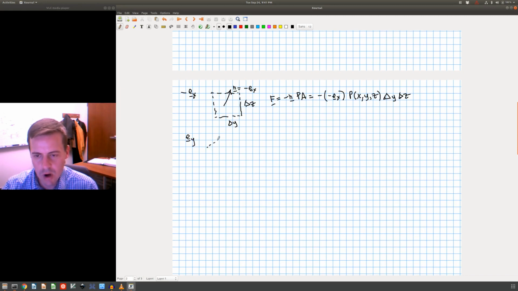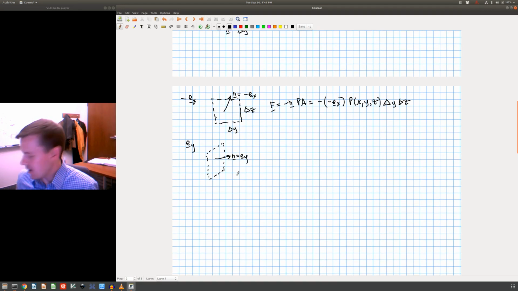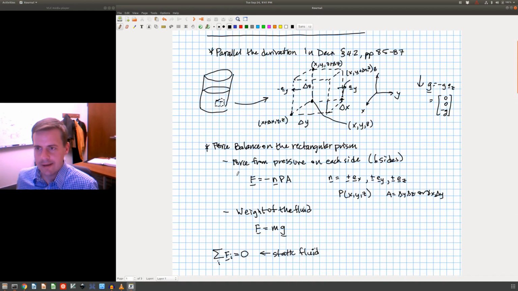So e_y, okay, e_y is one of these sideways facing ones with the normal vector now in the y direction. All right, and then we can come back up here and look, and I have delta x in this direction and delta z in this direction, so that's going to be for my area. And look, I'm at x and y plus delta y.